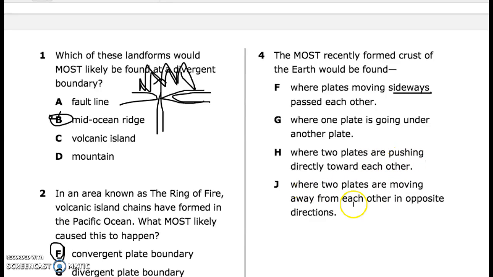And then where two plates are moving away from each other in opposite directions. So this is the correct answer, because like over here at number 1, you're actually seeing that magma pushing up between the plates, and then you have seafloor spreading that's occurring. And so all this ridge right here, that's all new seafloor, that's all new crust.